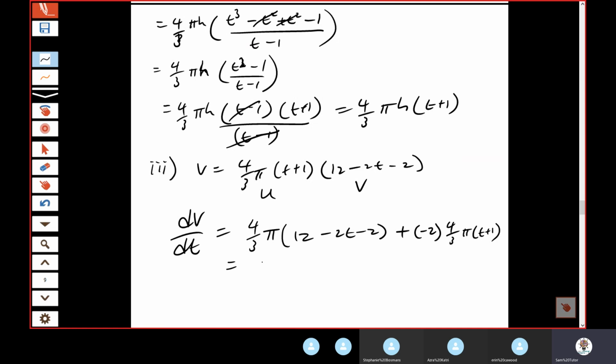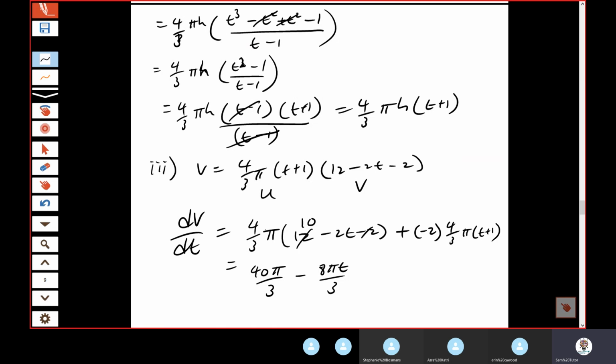Oh, I know, right? I'm an idiot. 12 take away 2 is 10. Of course, you should simplify. So thank you. That becomes 10. 40 pi on 3 minus 8 pi t on 3.